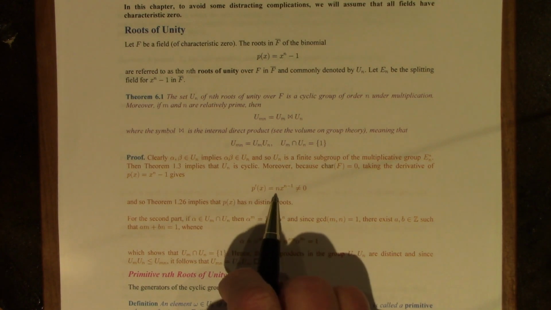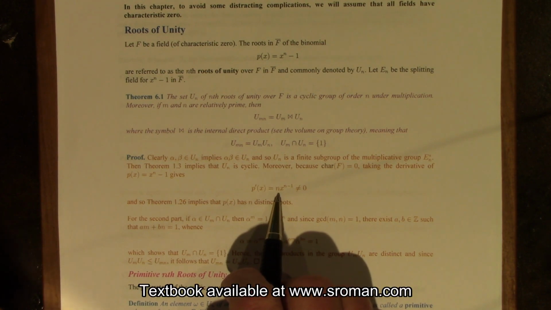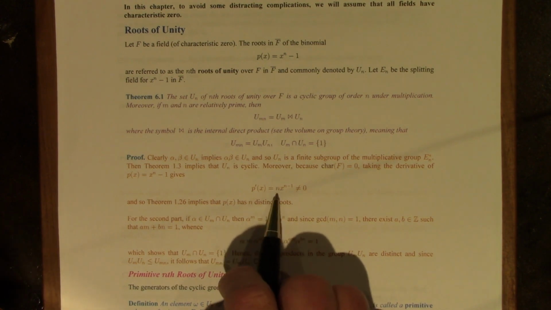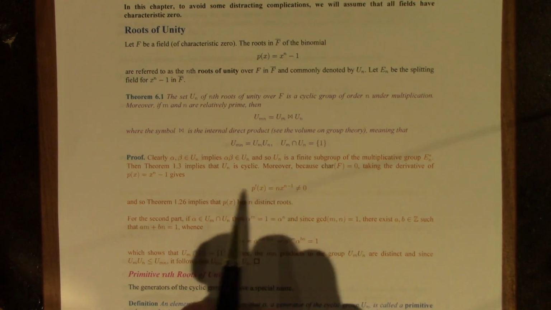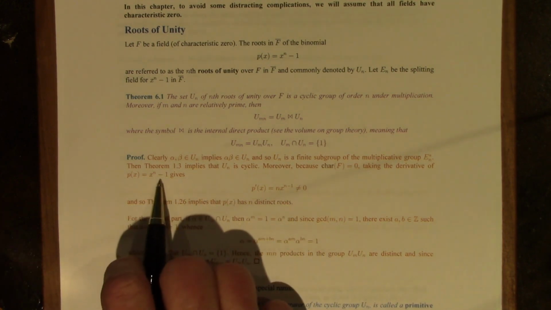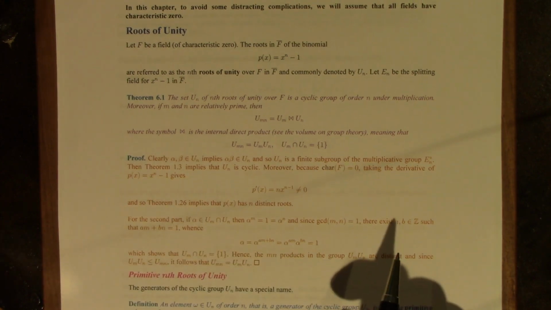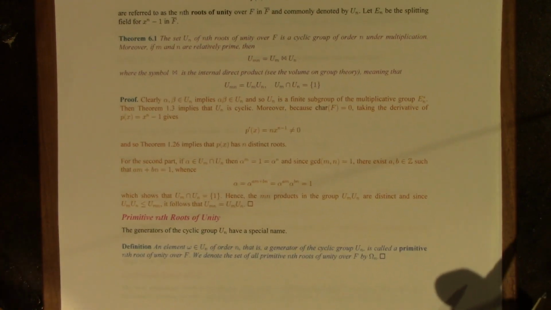And here is probably the clearest indication of where things can go differently if the characteristic of the field is a prime p, because if p divides n, then this derivative is 0, and in fact, this polynomial will have multiple roots. And that has a profound effect on the way things go.